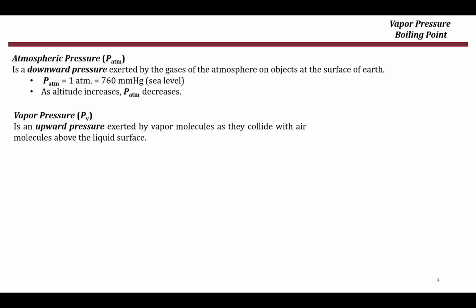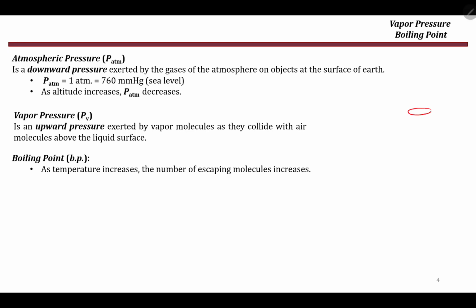What is vapor pressure? Vapor pressure is an upward pressure which is exerted by vapor molecules as they collide with air molecules above the liquid surface. In the previous slide, we talked about the evaporation process, and I mentioned that those liquid molecules at the surface, when they gain enough energy to escape from the liquid surface, will move into the gas state.